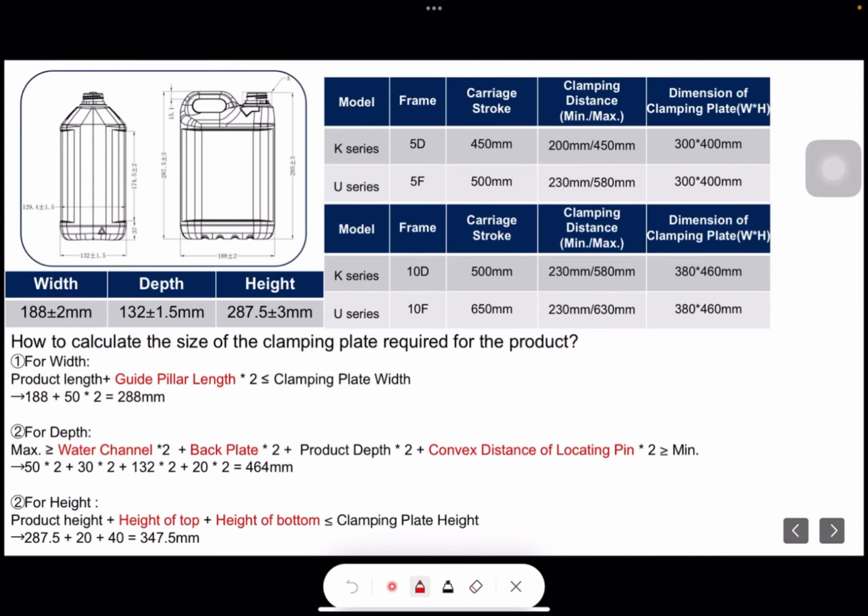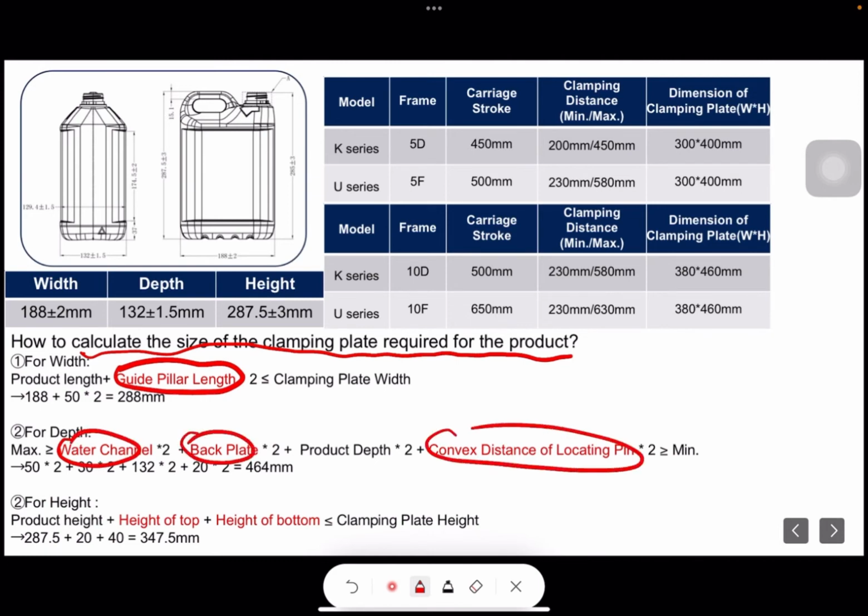First, before we choose the camping plate for the product, obviously, we need to learn and remember the formula to calculate the size of camping plate required for the product. And normally, the numbers in the red circle here are fixed. All you need to do is plug the numbers into the formula.